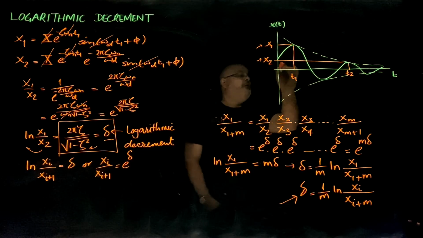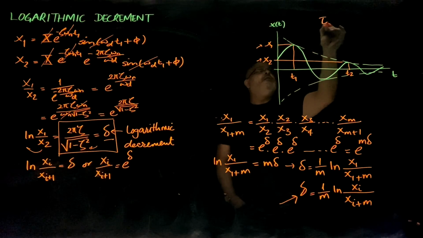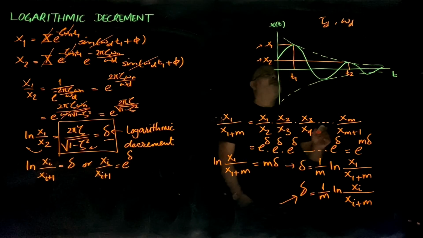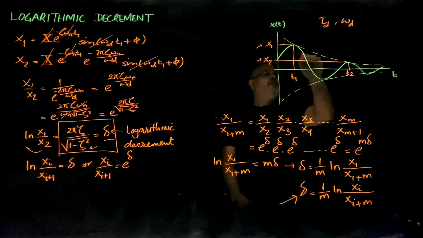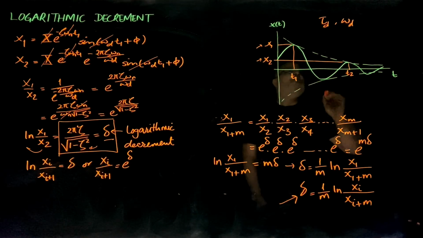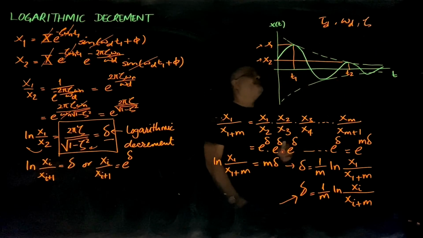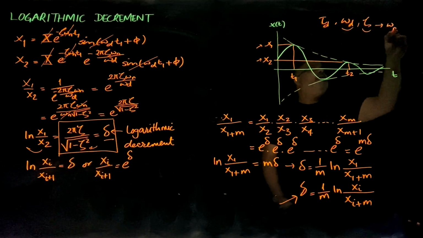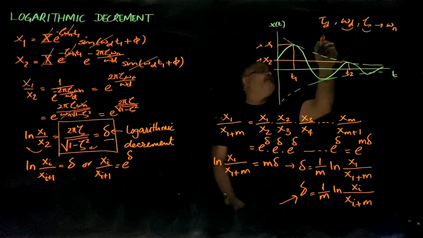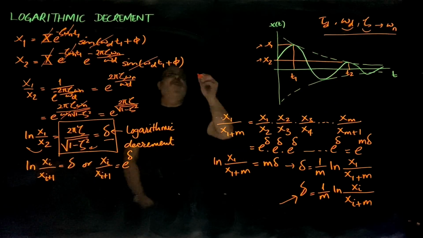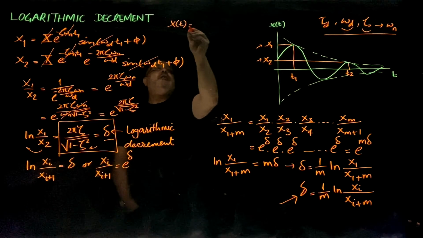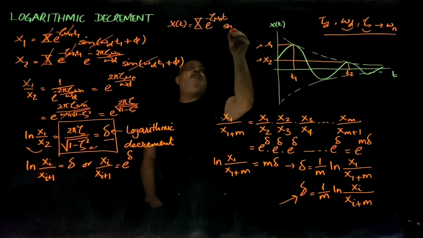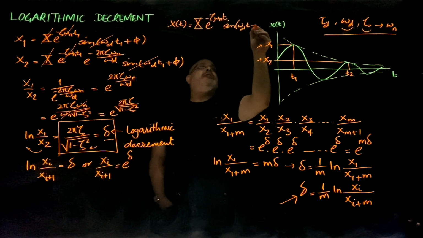So, in summary, from this history, I can find the period, the frequency, the damped period and damped frequency, and using the logarithmic decrement from the number of peaks on the response, I can find zeta, and of course, if I know omega d and zeta, I can find omega n. Using all these parameters, I can write the response of the system x of t as some constant X e to negative zeta omega n t times sine of (omega d t plus phi).